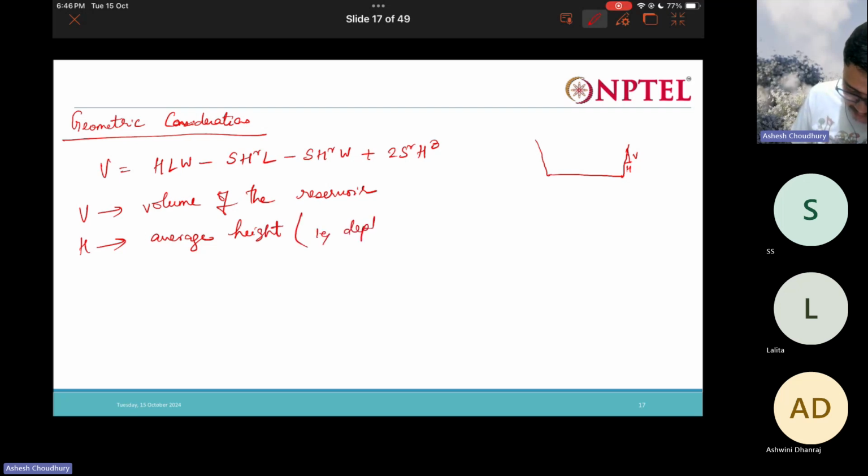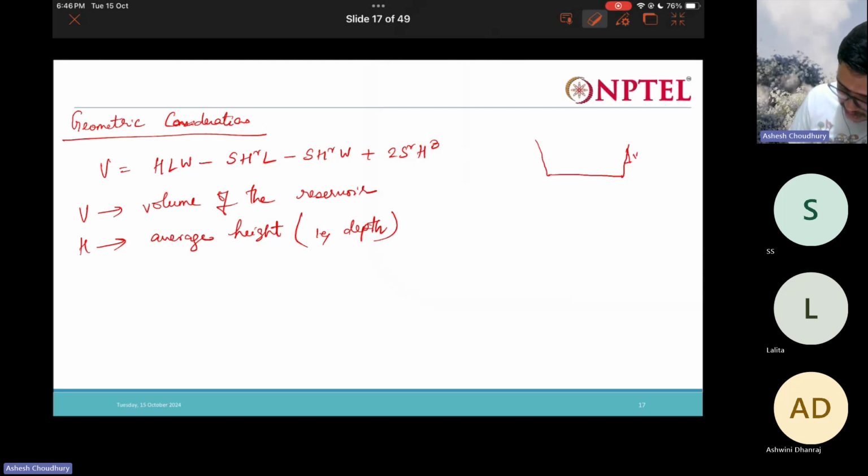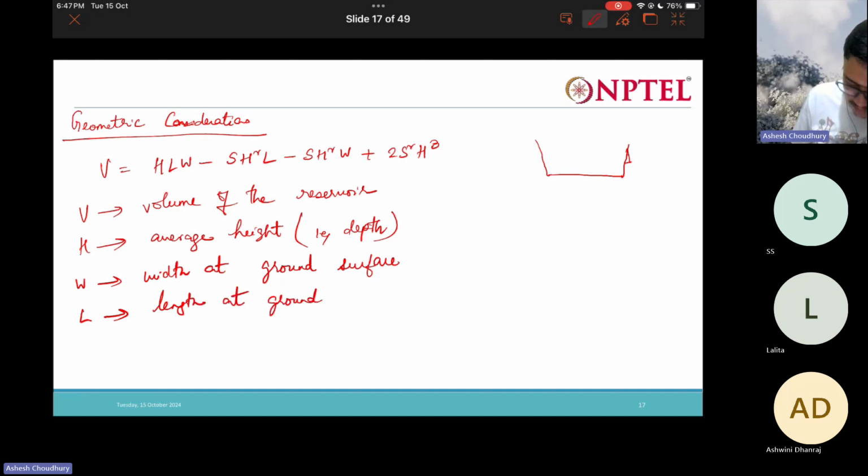This depth. I will erase this from here, else you will get confused. This H. W is the width at ground surface. L is the length at ground surface.